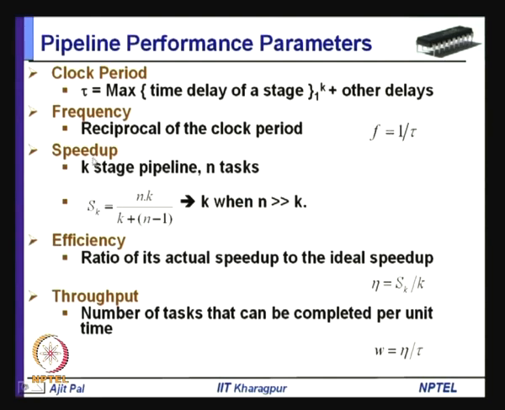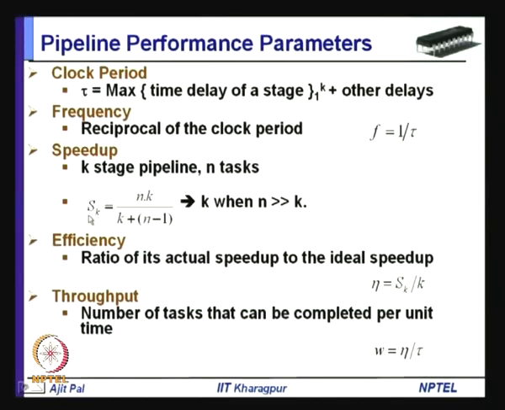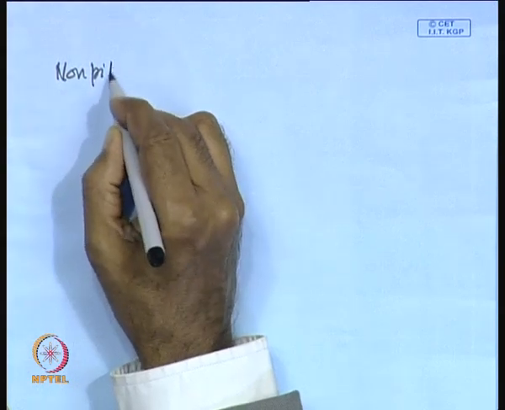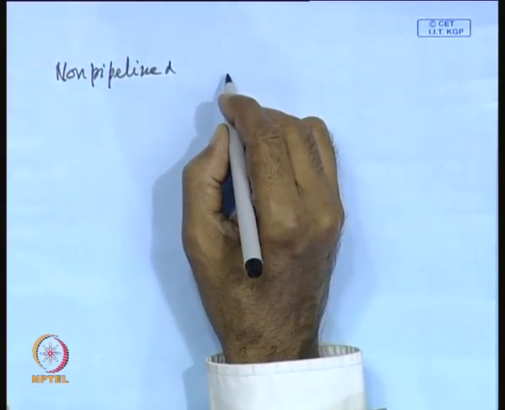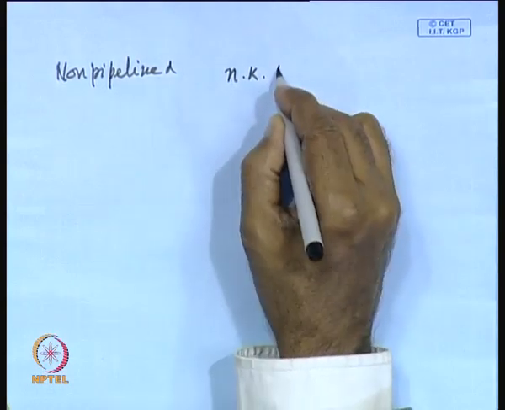And you can see we can measure the speed up for a k stage pipeline. Whenever you are performing n tasks, how much time will you require in a non-pipelined manner? In a non-pipelined manner, the time required to execute n tasks is n into k into tau.